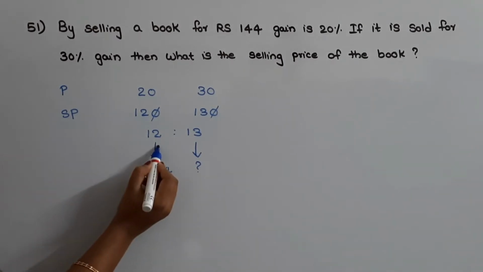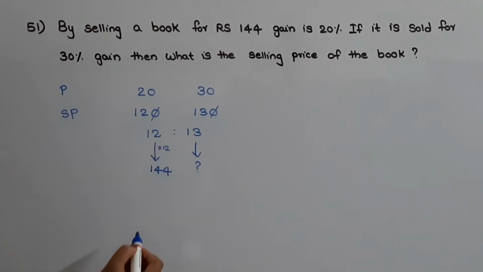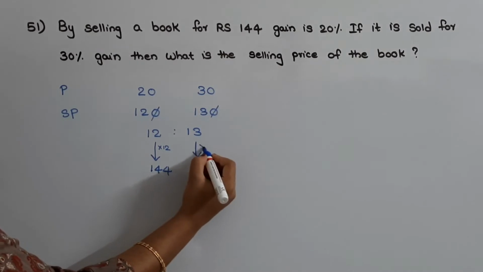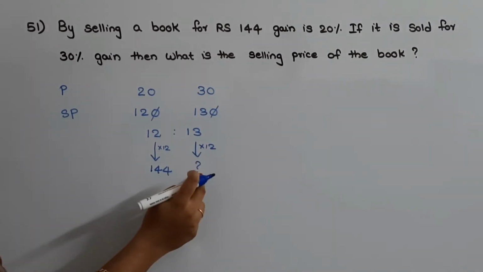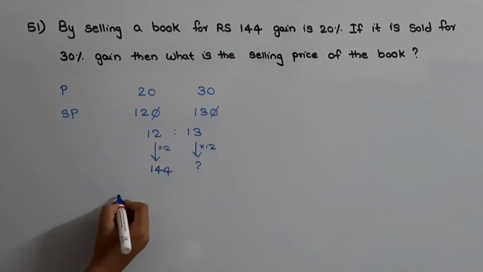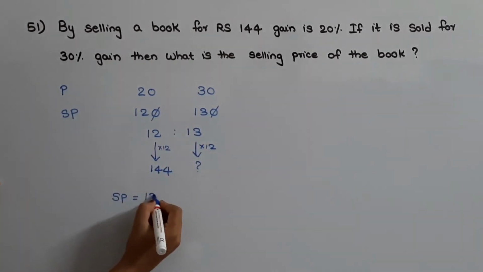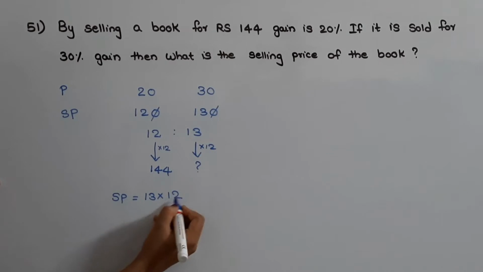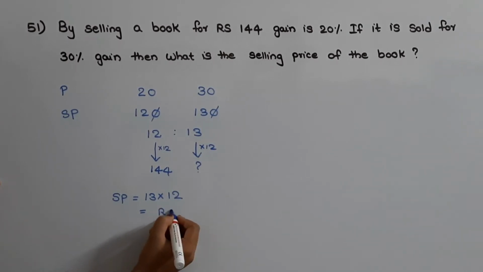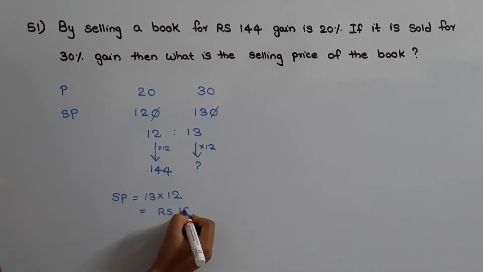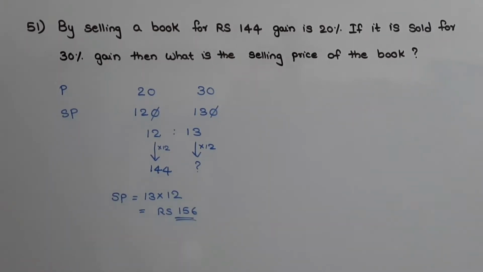See, here 12 into 12 is 144. So if you multiply this 13 by 12, we will get this value. Okay. So the selling price of the book in the second case will be equal to 13 into 12. On solving this, you will get the answer as rupees 156. Okay. So this is the answer.